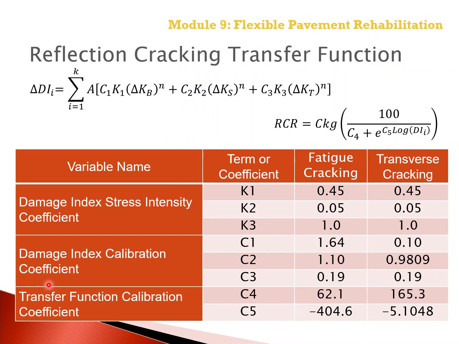And then this is simply a summary of the calibration factors of the transfer functions. The damage index stress intensity factors, K1, K2, K3, their values, and then the damage index calibration coefficients for the stress intensity factors, C1, C2, C3, and then the transfer function calibration coefficients for the cracking model, and that's C4 and C5, which is defined by the damage index.